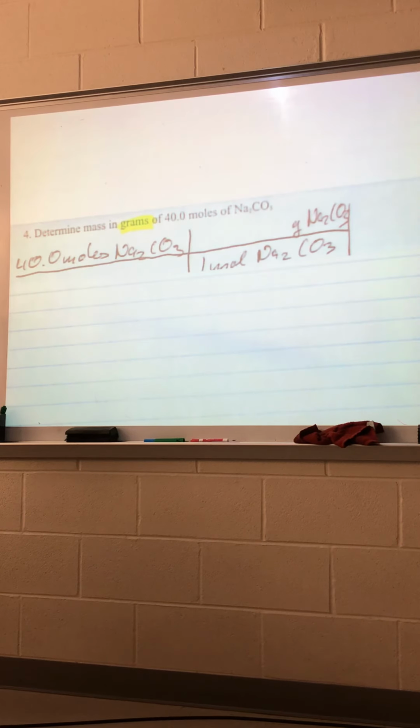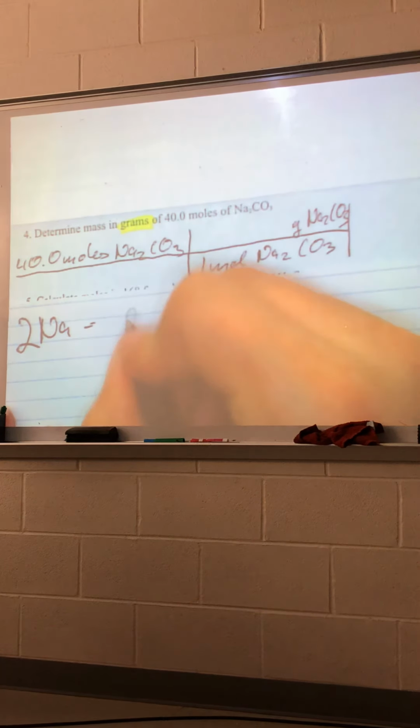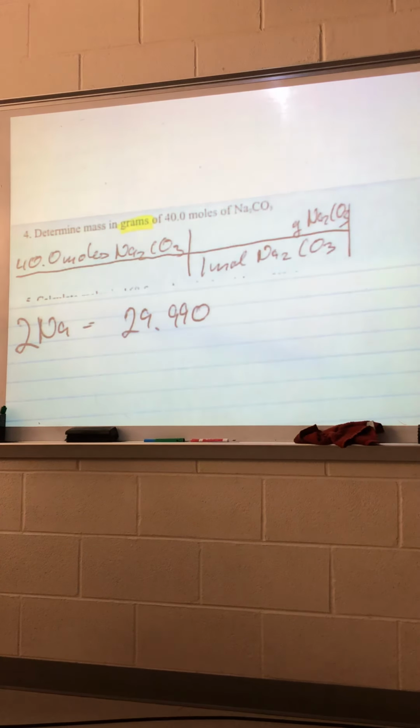How many sodiums do you have? Two sodiums, right? How heavy is sodium? 22.990. That's sodium, so you do it 2 times because you have 2 of them. Then I have carbon. How heavy is carbon?